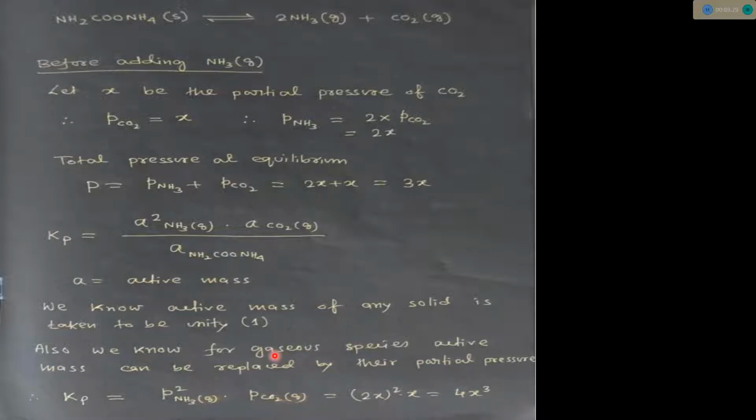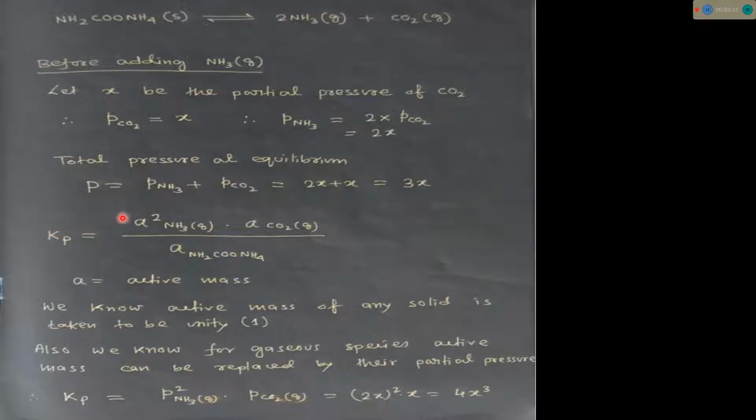In gaseous species we can replace the active mass by their partial pressure. In the solution case, we can replace the activity term by concentration if the solution is dilute. In this case, we are replacing the activity term by the partial pressure term since we are considering gaseous species.